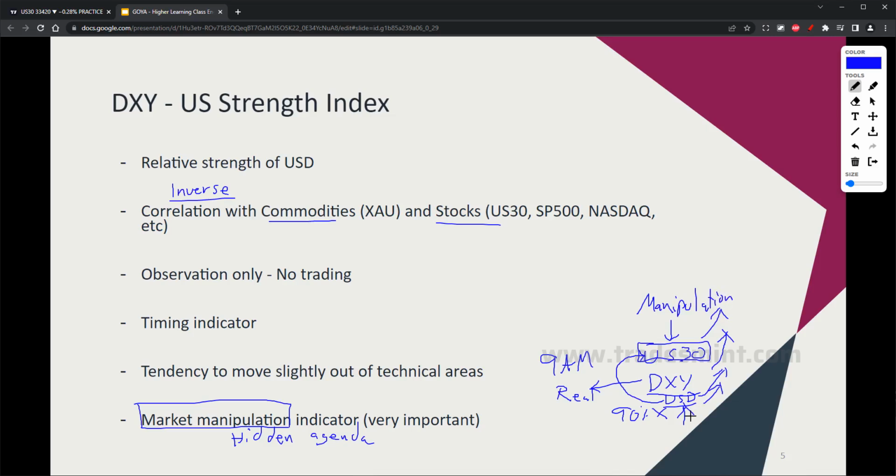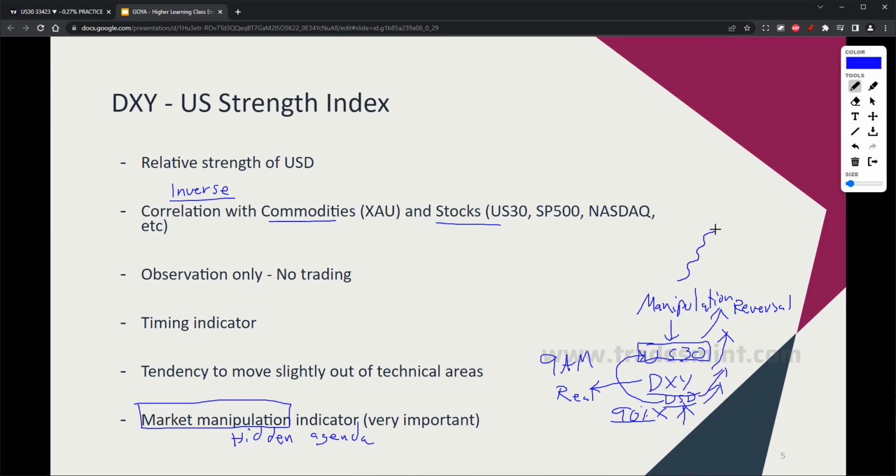Which means that, for example, we're buying USD, DXY is going up. There's a 90% chance that this is the real intention of the market. So US 30 is getting manipulated. So I know that a reversal should be coming. So that already gives me an insight that I should look at the technical level.